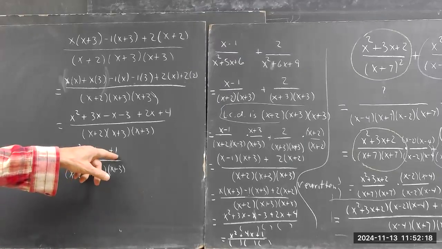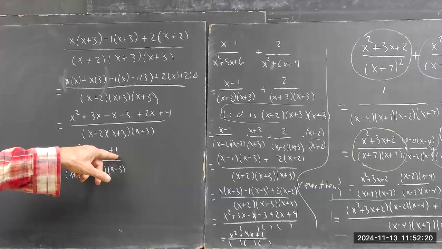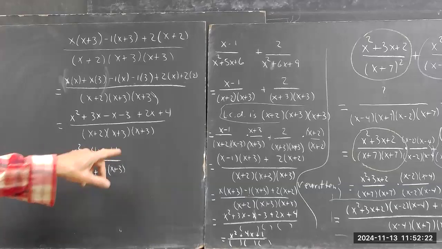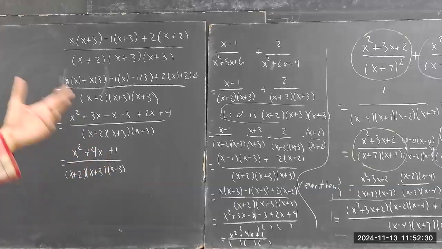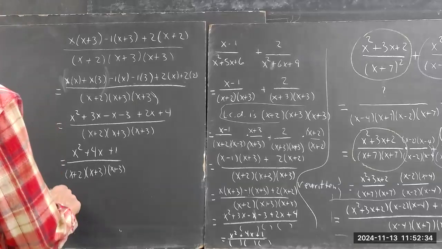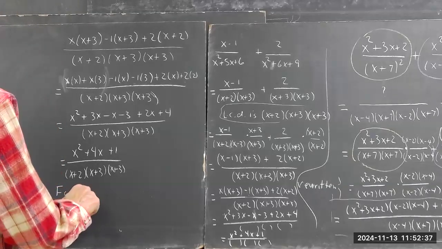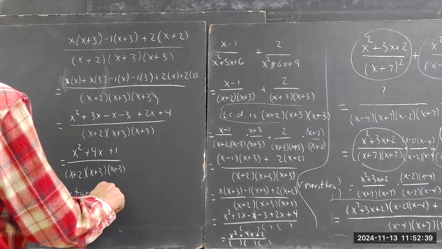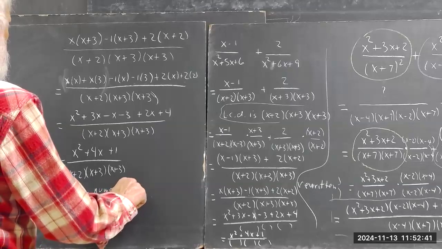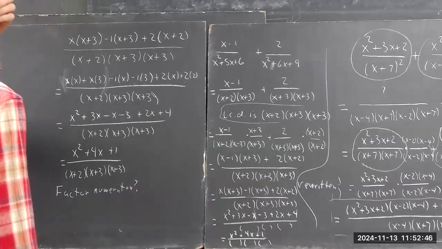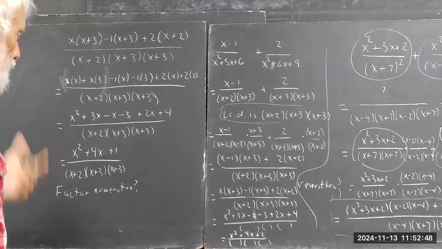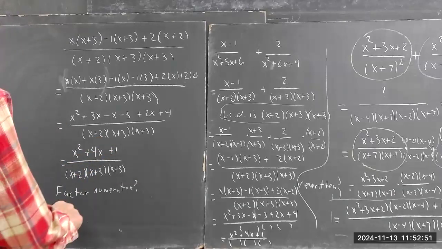Now, if this is plus 3 instead of 1, this would factor as x plus 1 times x plus 3. So we could have an x plus 3 up here. So for that reason, we factor the numerator. Well, it turns out anything you do to factor this numerator is going to fail.